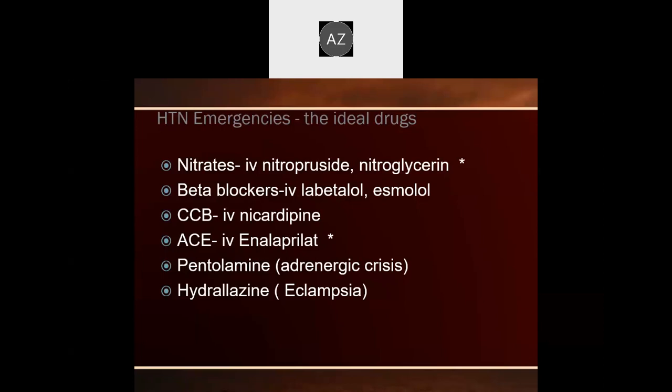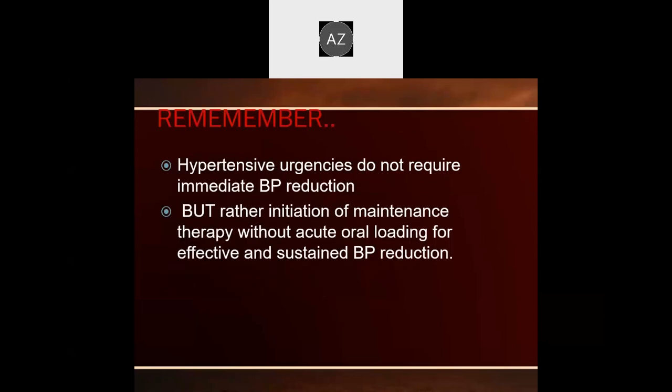You can give phentolamine, and then you can give hydralazine. That's very, very important. In urgencies, you do not require immediate reduction, but in emergency, you need. So in urgency, you just need to initiate maintenance treatment without acute loading of oral medication, and then sustain the BP on control.